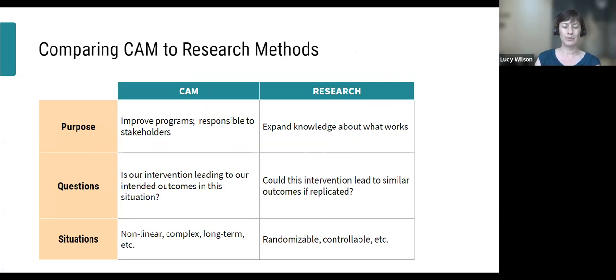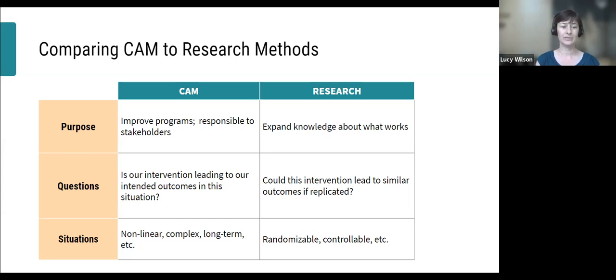So sometimes we get pushback when we talk about complexity-aware monitoring because these approaches aren't necessarily as rigorous as research and experimental design evaluations. So I use this slide to be clear that complexity-aware monitoring and research are different in terms of purpose, the questions they answer, and the situations in which they are most useful. As such, it is hard to say that we should be using more rigorous research-type methods when those methods don't always address the purpose, question, and situations that we're facing.